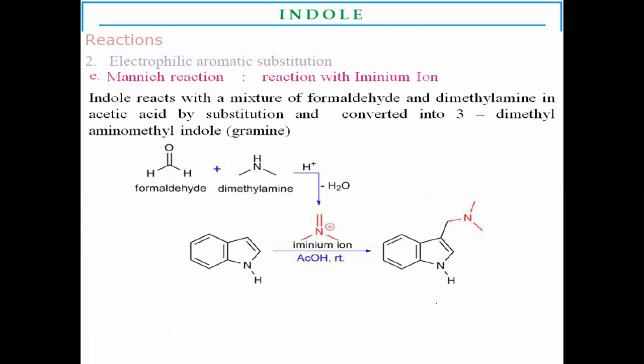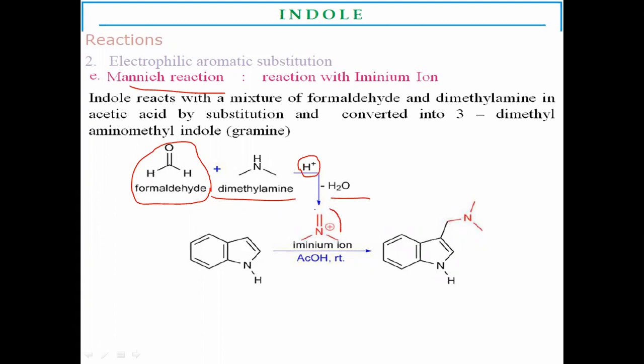The last electrophilic aromatic substitution reaction is the Mannich reaction. It involves reaction with iminium ions. These iminium ions are formed from formaldehyde reacting with dimethylamine in the presence of acetic acid, with loss of water molecules.